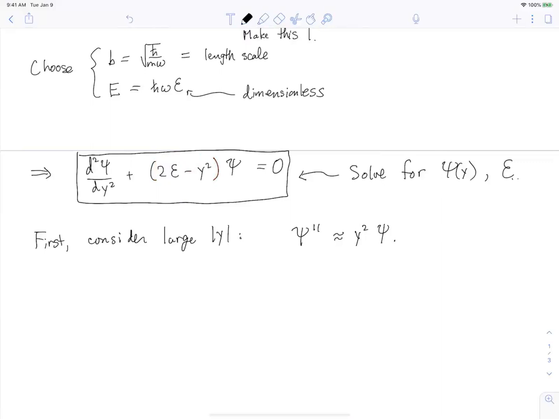And so now we can solve this equation by making a guess. Let's guess psi is approximately some constant times a power of y times an exponential of y squared. Of course, knowing what guess to try is something that you either have to be lucky or you have to have some insight into the problem already.